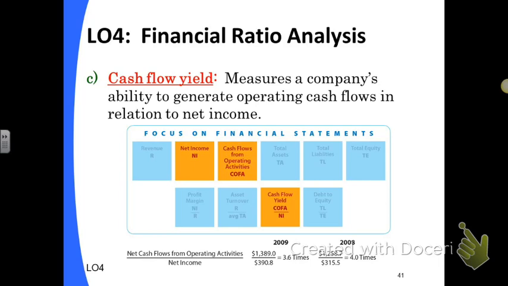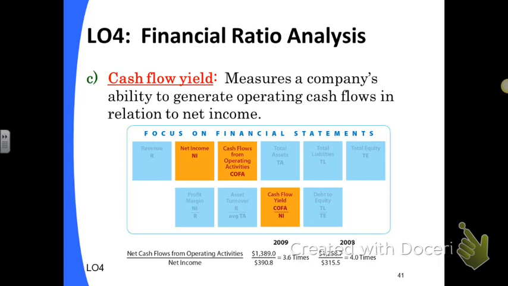Our cash flow yield ratio measures a company's ability to generate operating cash flows in relation to its net income. And again, this formula is our net cash flow from operating activity over our net income. We're going to get that net cash flow from operating activity directly from the cash flow report, right where it says net cash from operating activities.